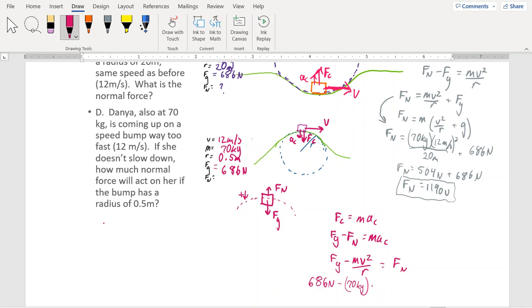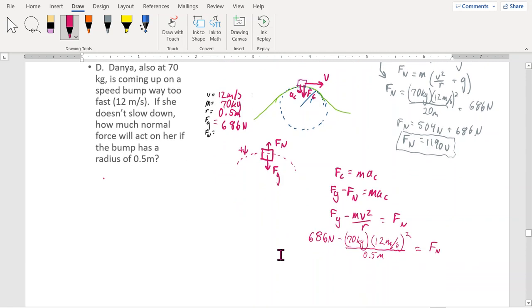V is still 12 meters per second. Some of you are like, hey, I'm so good at my math. I've got 12 meters per second squared. It's going to be 144 meters squared over second squared. That's cool. But remember the radius is different now. 0.5 meters. And now that's going to be equal to the normal force.